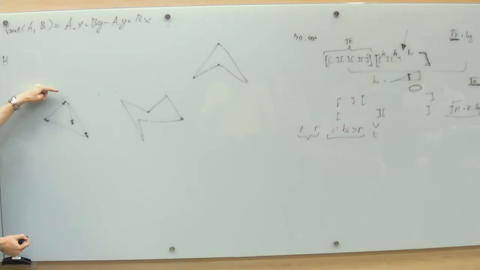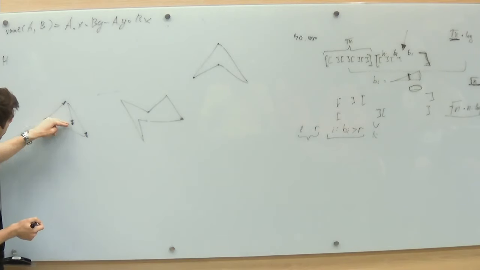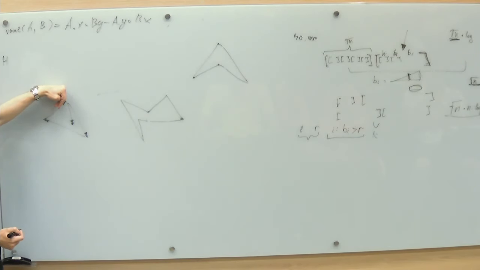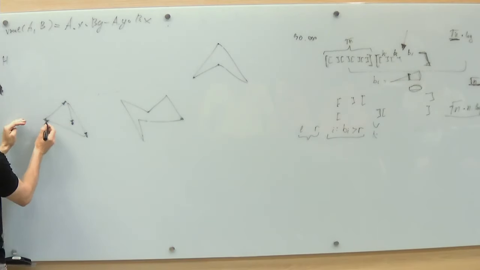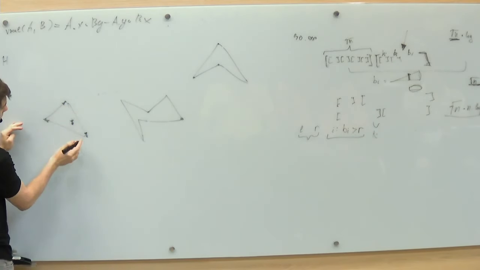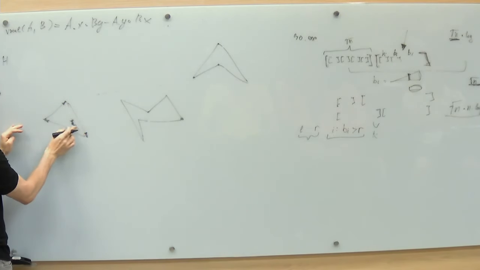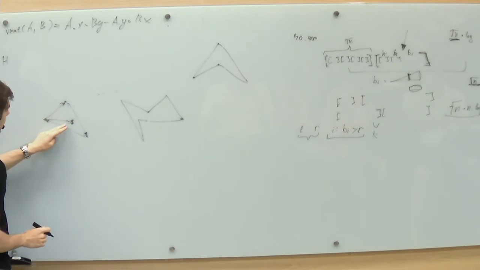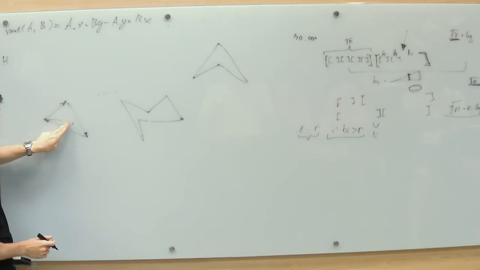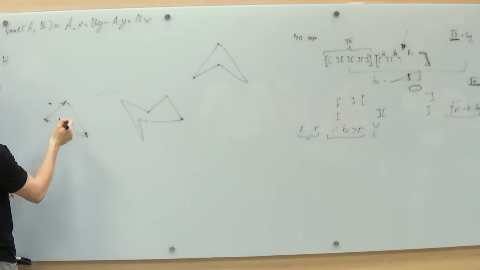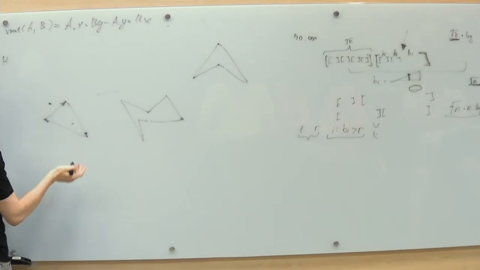Since this is clockwise order and this vertex is also on the right, here we want to check that the sign is negative. So here the sign will be negative, same as for this pair of vectors, and same as for this vector and this vector. And if the point were somewhere outside, then clearly for this vector we'll have a different sign.